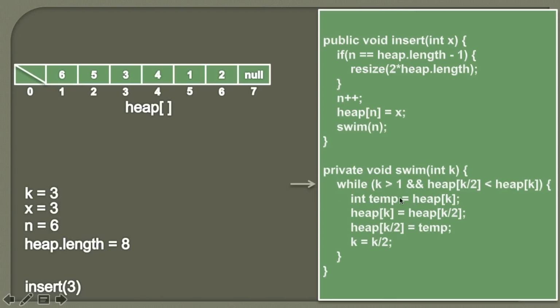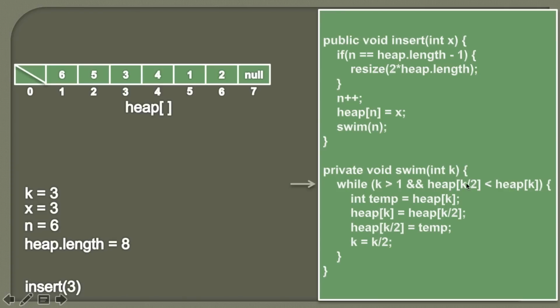And in while block we again check whether k is greater than 1 or not. So k is greater than 1 and we'll compare 3 with its parent. So first we'll evaluate its parent by taking its index, which is 3, dividing it by 2, which will give us 1.5, and as we are taking it as integer, it will round off to 1.